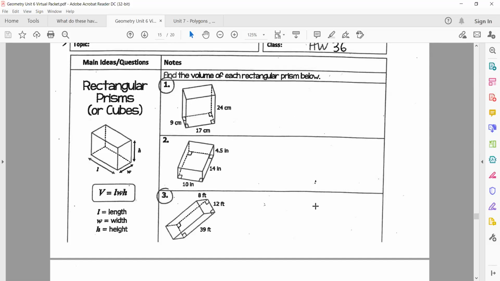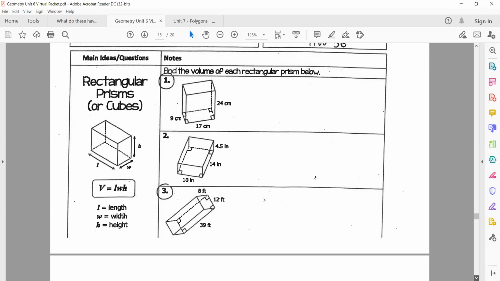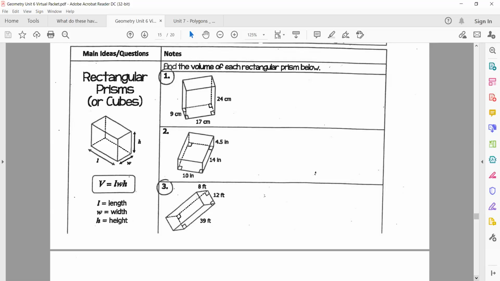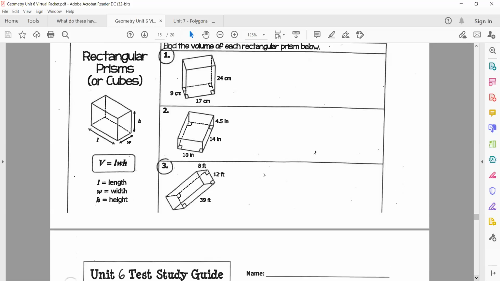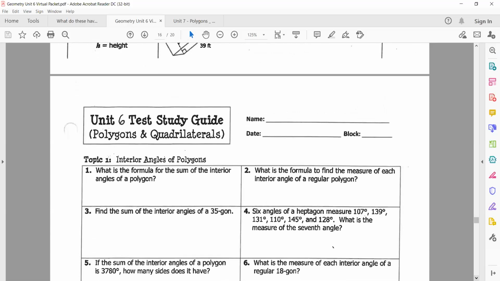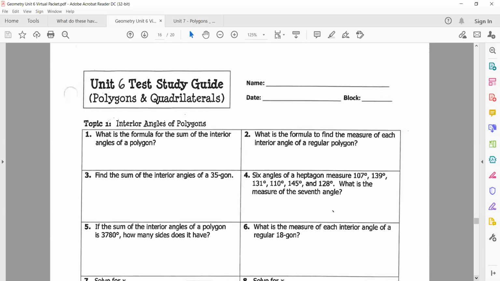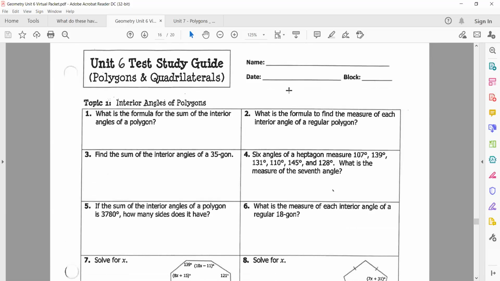Question, anybody? And see, I don't even have that page in my teacher's handout. I don't know where it comes from, but what you do need to know it for is this last test. If you've already taken the Unit 6 test, like I said before, it is the last of the unit tests.